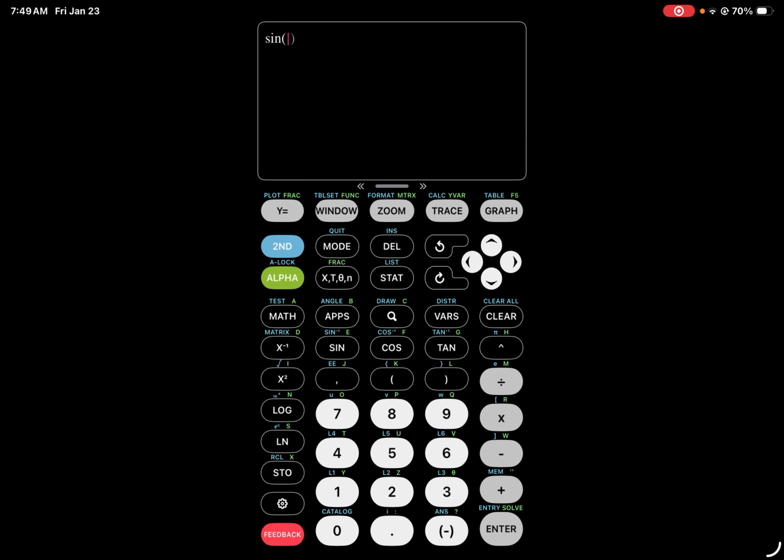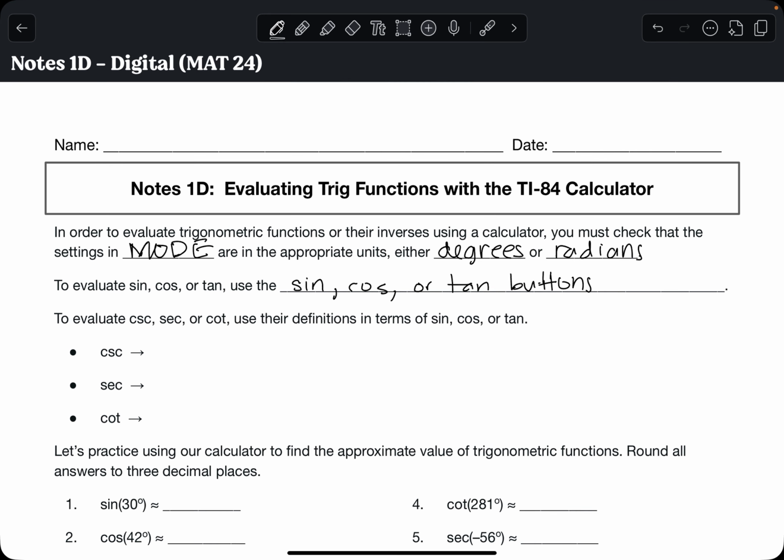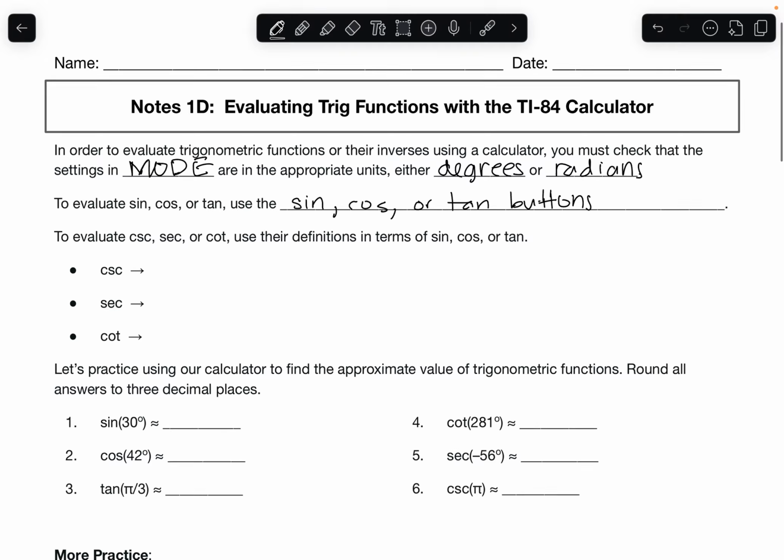The question is, what happens if I want to evaluate a trig function that's not one of those? To do that, we have to use the fact that we know that cosecant, secant, and cotangent are reciprocals of sine, cos, and tan.